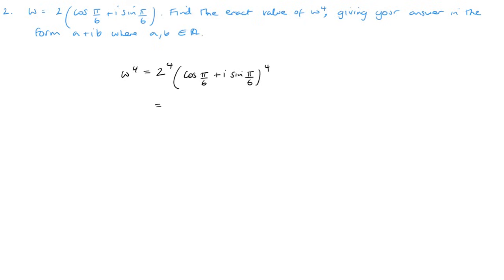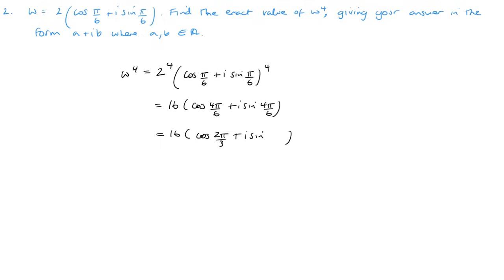Now 2 to the power 4 is going to be 16, and then we've got cos 4 pi by 6 plus i sine 4 pi by 6. And I'd always put the 4 in like this before simplifying, just to show the examiner that you know what you're doing. You're using de Moivre's theorem. So try not to skip too many steps there.